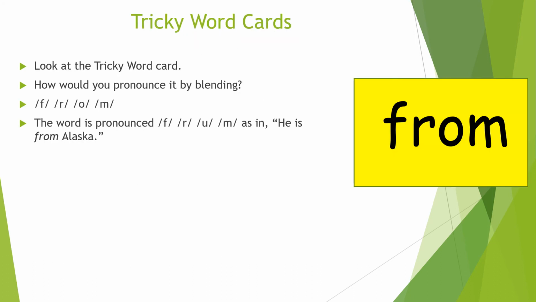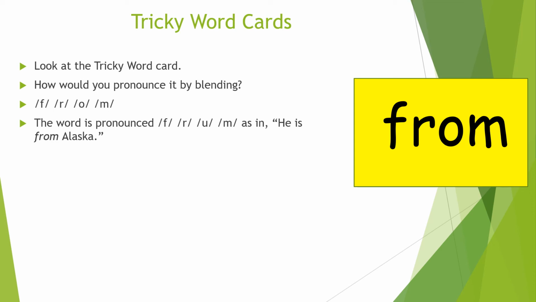Now let's practice our tricky words or sight words. Take a look at this tricky word card. How would you pronounce it by blending the sounds together? Try it. I would try to pronounce this word as f, ah, m.